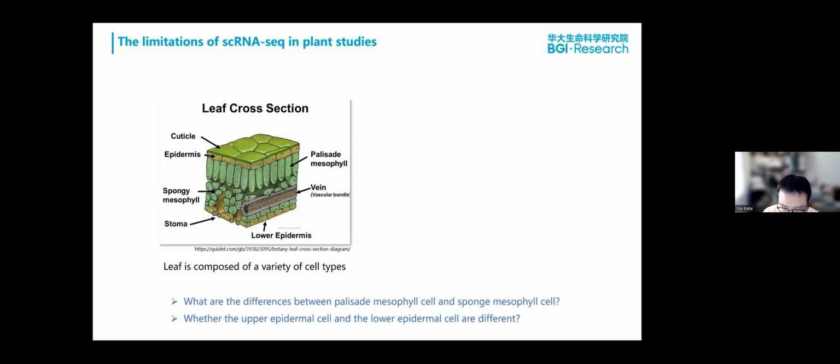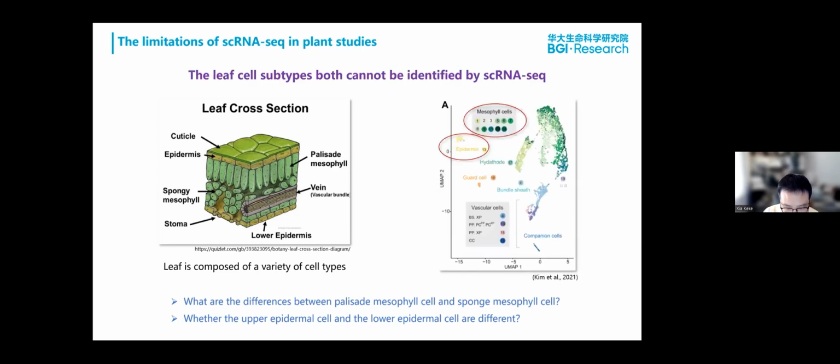There is still limited knowledge about what the differences are between palisade mesophyll cells and the spongy mesophyll cells, and whether the upper epidermal cells and the lower epidermal cells are different.